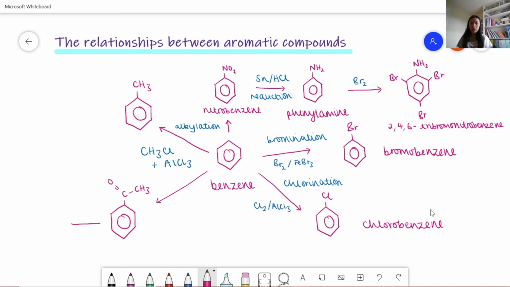Then this can also go through reduction, like reducing an aldehyde or ketone, so reducing the carbonyl group to form a benzene ring, and this time we have the carbon, and then an OH, a hydrogen, and then a CH3. So this is an alcohol. And what we formed in the alkylation is this methyl benzene.